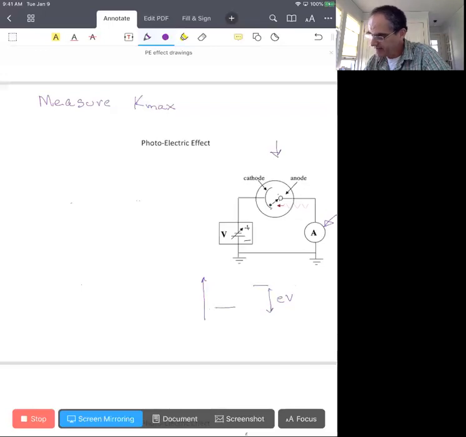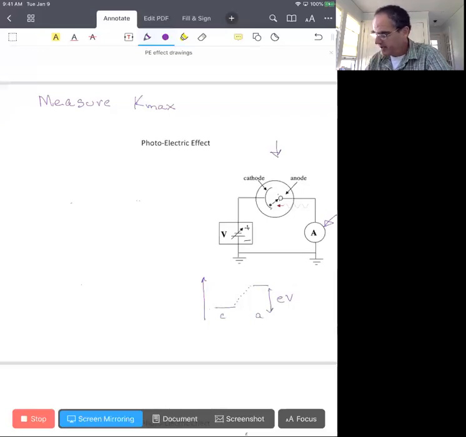And you can see that if e times the voltage difference were to be greater than the kinetic energy that an electron has, the electron would not be able to climb this hill to go from the cathode to the anode. Okay?